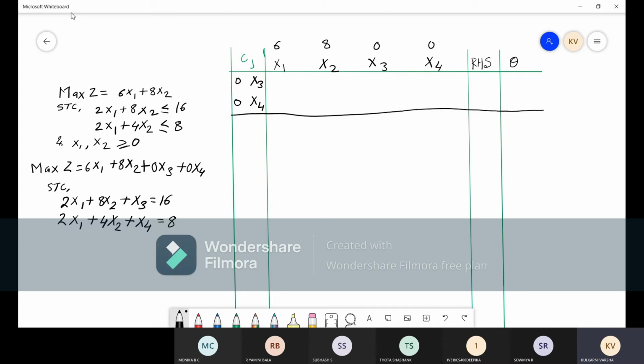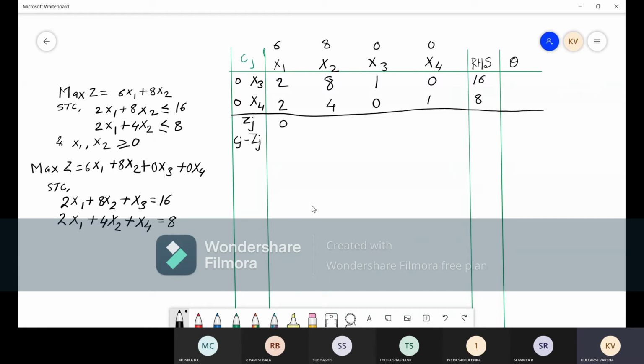And now the initial matrix. We'll be writing the coefficients here: 2, the coefficient here is 8, the coefficient here is 1, here 0, and RHS is 16. In the second equation, the coefficients are written similarly, and then we need to calculate Zj, and then we need to calculate Cj minus Zj.